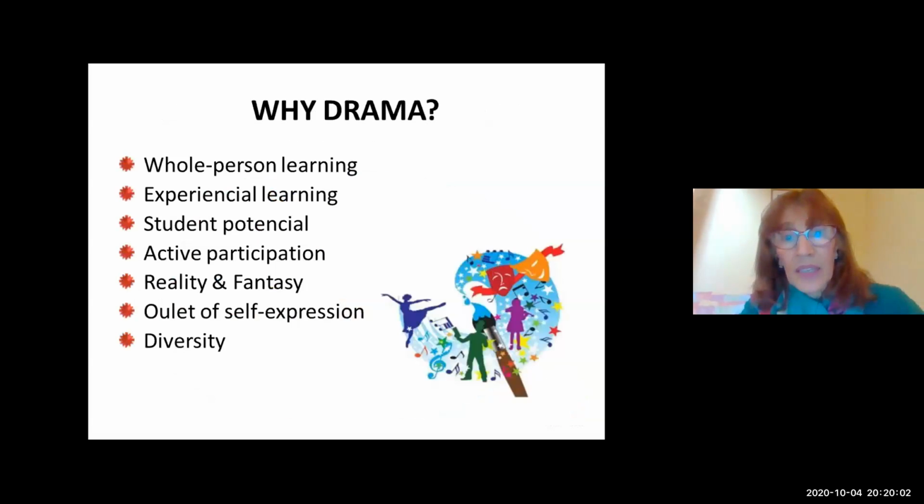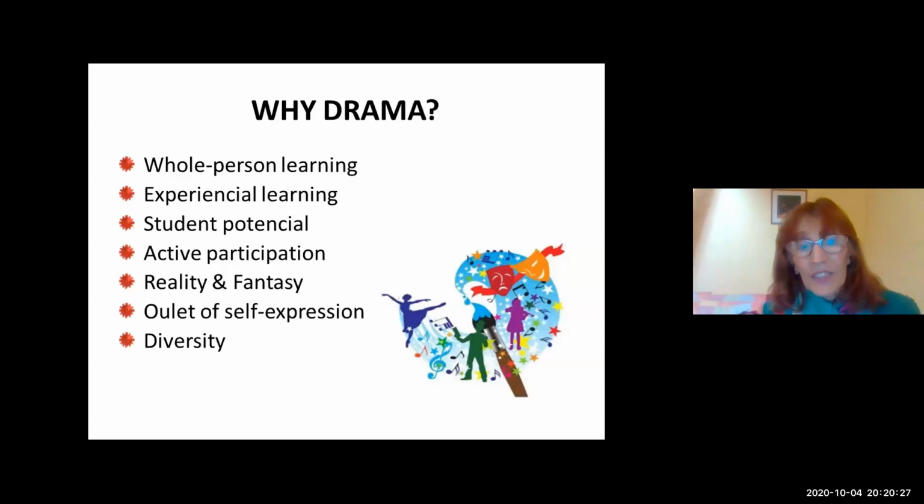Now the question is, why drama? Drama is a whole person learning because it uses a holistic approach. It is experiential learning because the students learn doing, feeling, and thinking. It unlocks the students' potential because it is interested in their abilities.